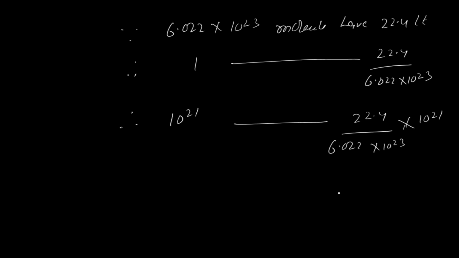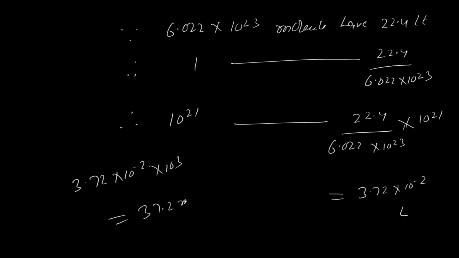Solve this, whatever comes will be the answer. Your answer will be 3.72 into 10 power minus 2 liter. When you convert it into milliliter, you multiply 3.72 into 10 power minus 2 with 10 power 3. So it will come 37.2 milliliter at STP. So this is your answer.